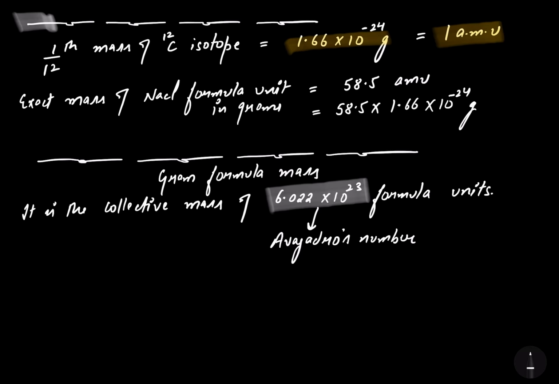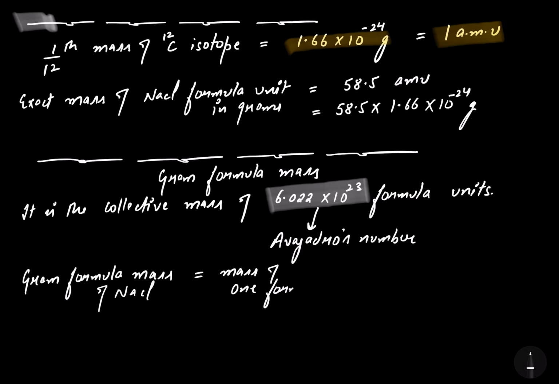So let us evaluate for the NaCl. Here I am writing gram formula mass of NaCl. It comes out to be mass of one formula unit in grams into Avogadro's number.